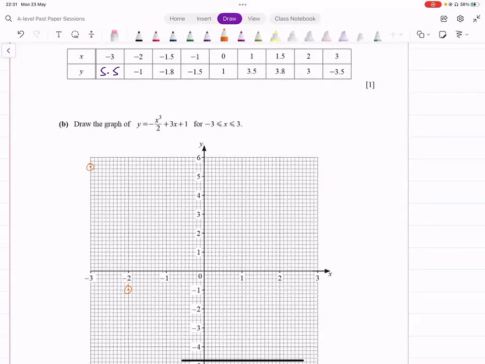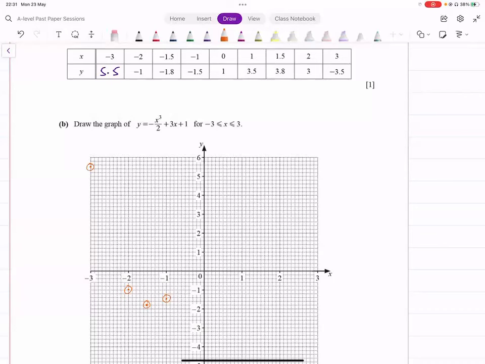That should be somewhere here. Scale का ध्यान रखना है, vertical axis के ऊपर 1 small box is representing 0.2. Horizontal axis के ऊपर 1 small box is representing 0.1. Okay, so -1 and -1.5, that point is going to be here.